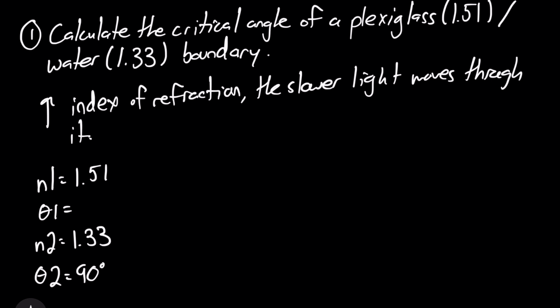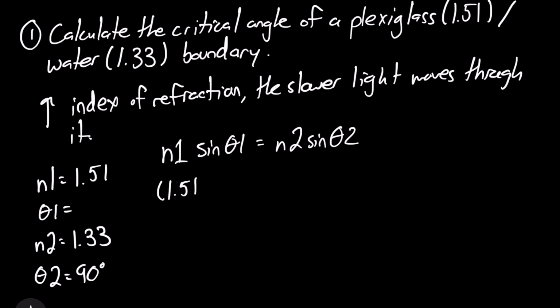All right, so let's just set this up in Snell's law again here. We have N1 multiplied by sine theta 1 equals N2 multiplied by sine theta 2. Let's fill in our variables here.